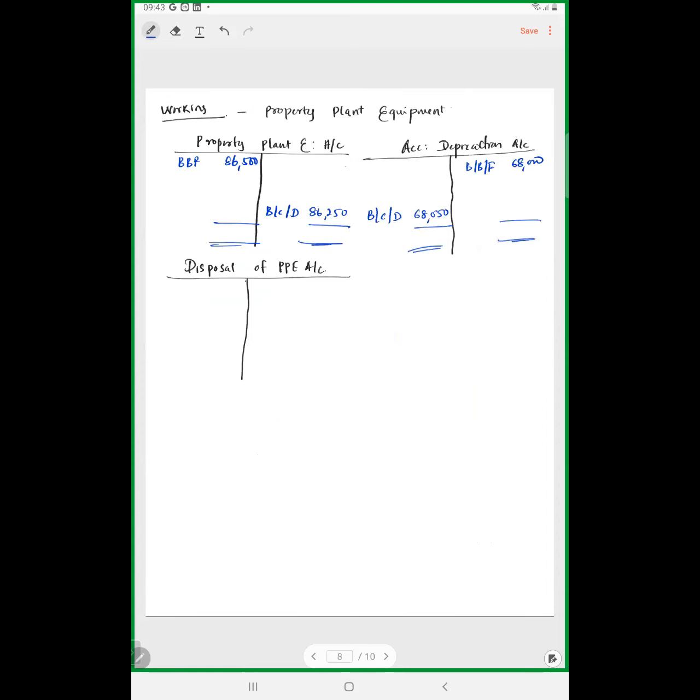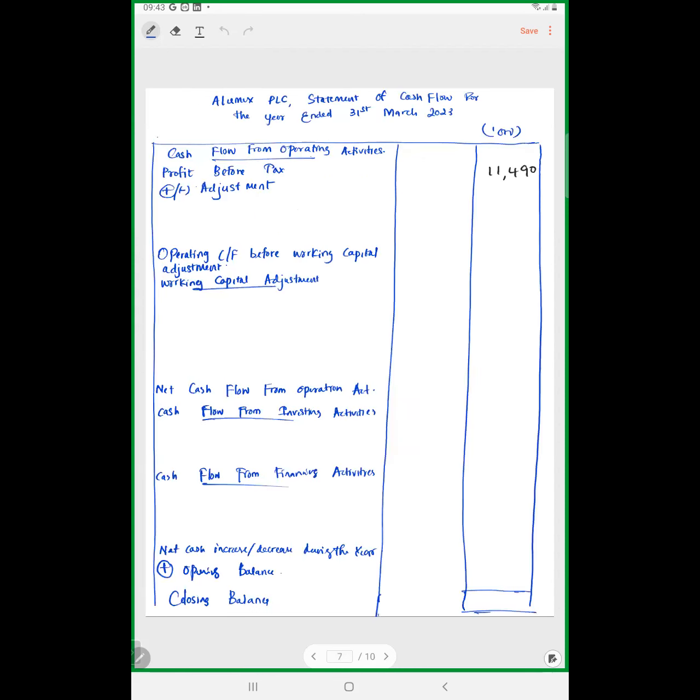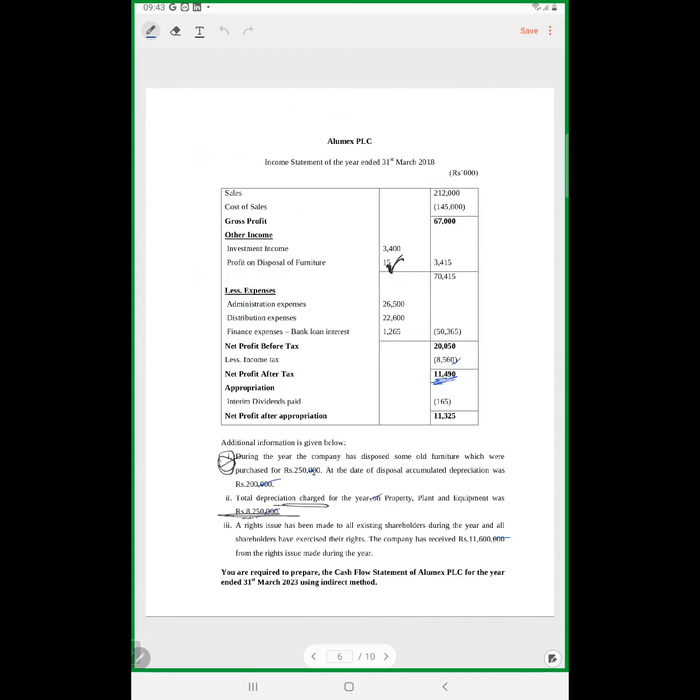Is this clear? All right, I have received the message. Sorry, actually, extremely sorry. I just saw the message. Yes, of course, net profit before tax is 20,050. I had mistakenly taken 11,409.